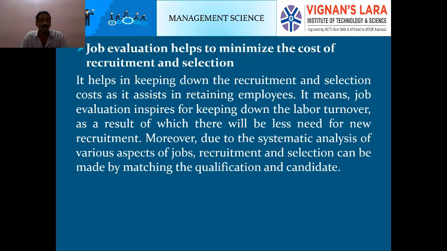The next importance is that job evaluation helps to minimize the cost of recruitment and selection. Yes, recruitment we already know from the previous lesson, getting the right person into the organization. Selection means identification of appropriate labor for our real position in the organization.